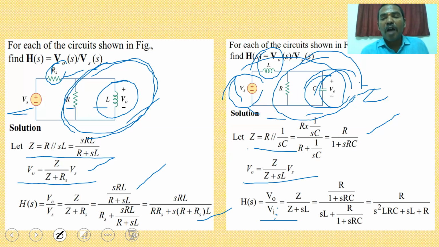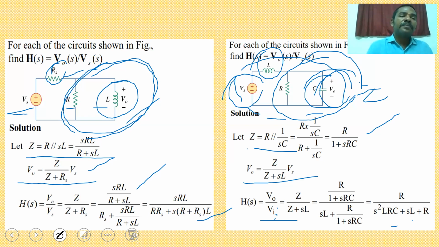So what is Z? R by 1 plus S into RC, divided by SL plus R by 1 plus S into RC. So finally you can get R by S square LRC plus SL plus R. So like this you have to go for the calculation.